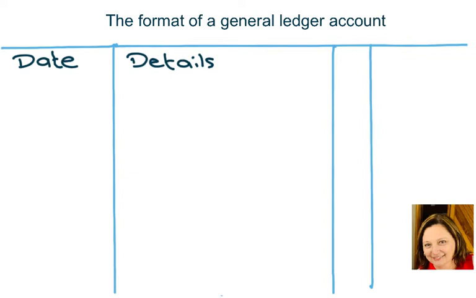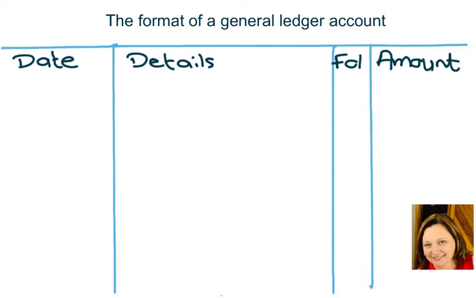That was the double entry principle. So the details will refer to my other account. Then the third column is where we will have the folio. Folio is the number of this account. And then my last column will be my transaction amount.